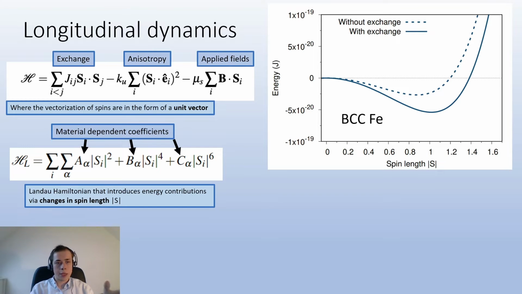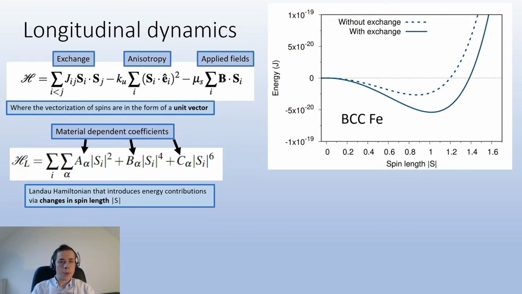So you can see, for example, that at the lowest energy point, where the potential well is at its lowest, the spin length is approximately centered around 1. So this means that at an equilibrium state, where, let's say, temperature equals 0, your spin length will be equal to 1. And as you increase this temperature, you're able to explore more portions of this energy landscape.